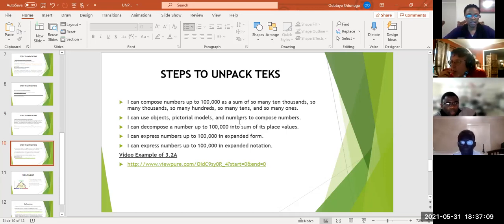Use objects, pictorial models, and numbers to compose those numbers. So after doing that, the aspect of composing, then you can start teaching how to decompose these numbers. And then you can teach how to express these numbers in expanded form. And then how to express this number in expanded notation.